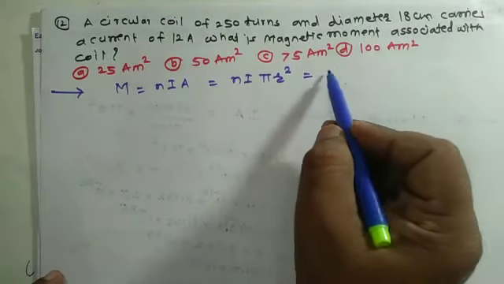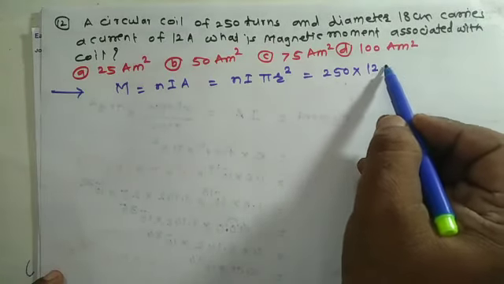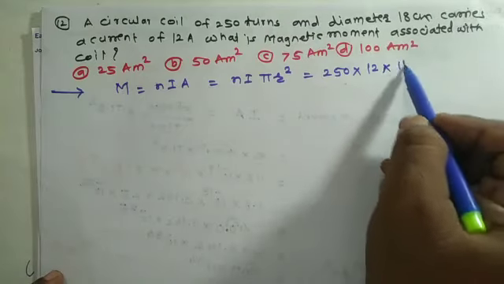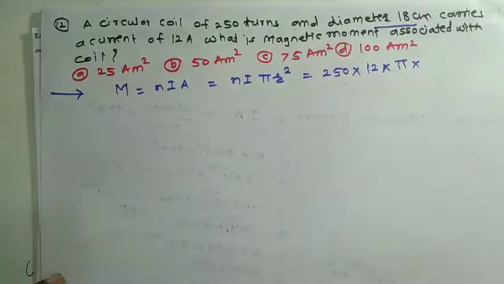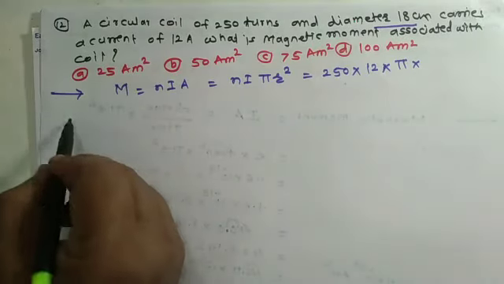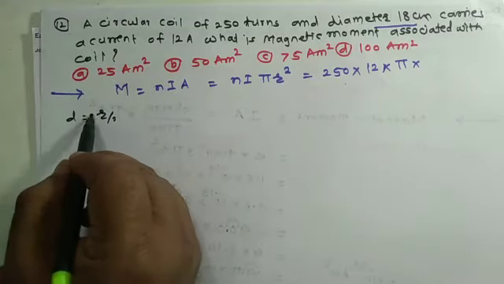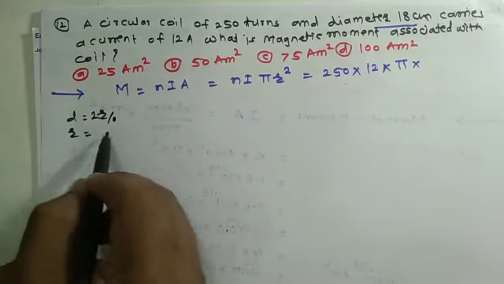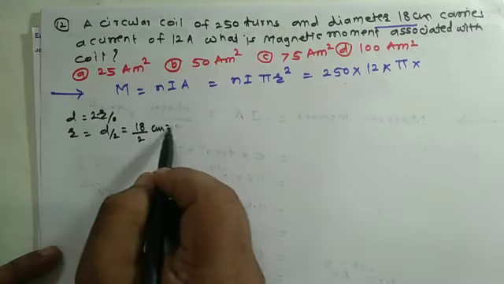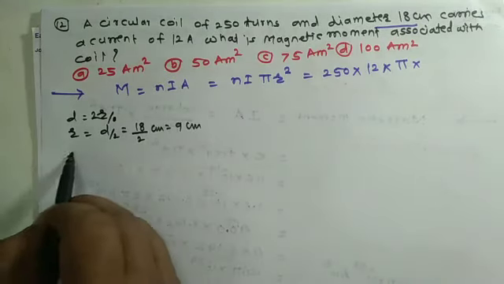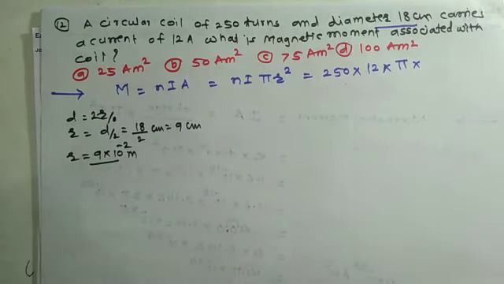So N is given as number of turns 250 multiplied by current 12 multiplied by pi multiplied by, here diameter is given. So diameter is equal to twice r. So radius is equal to diameter upon 2, which is 18 upon 2 centimeter, that is 9 centimeter. Means radius is equal to 9 into 10 raised to minus 2 meter.